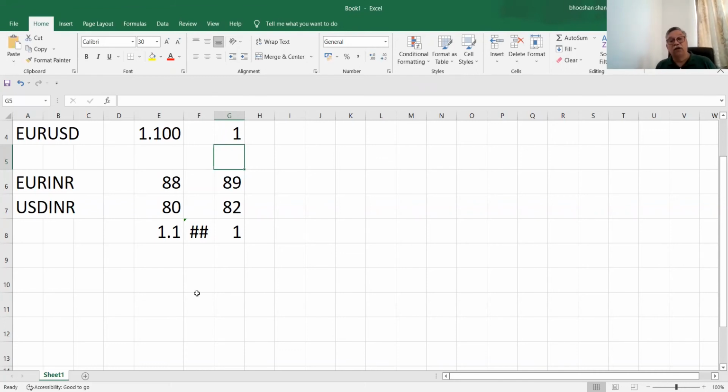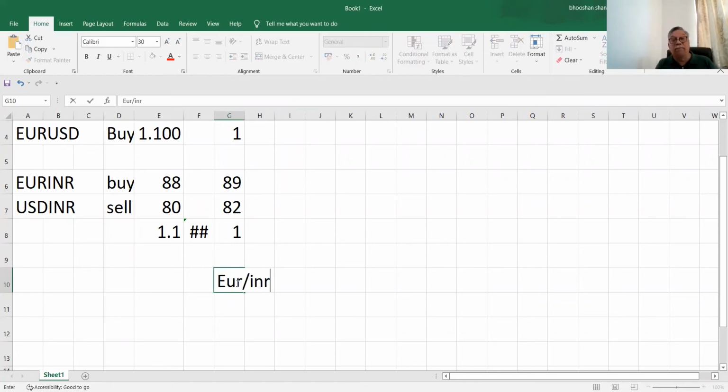What is your net effect when you do these two positions? Instead of buying Euro USD, if I buy Euro INR and sell USD INR, the net effect remains the same. It becomes Euro upon INR because I'm buying it, multiplied by INR upon USD because I'm selling it. This is simple mathematics.